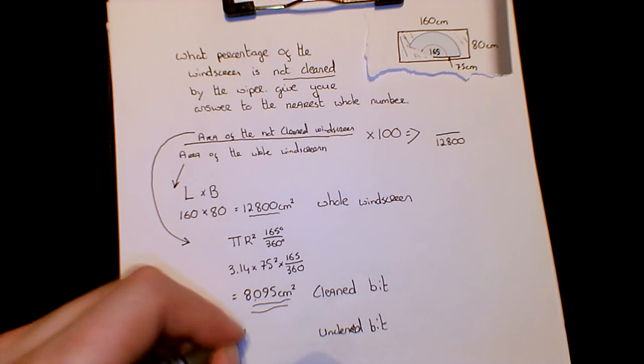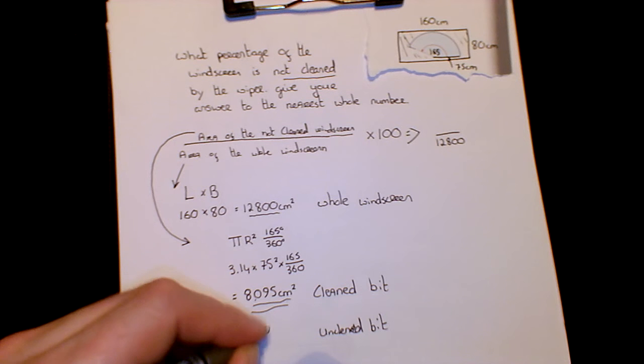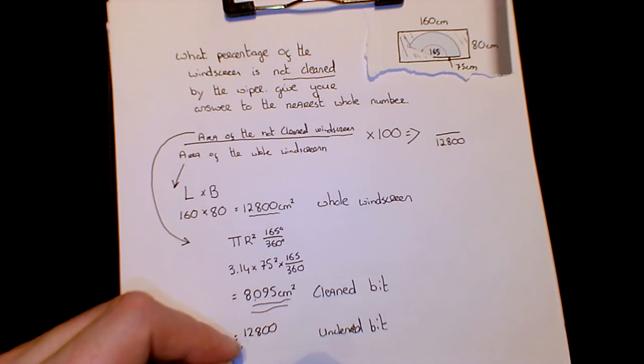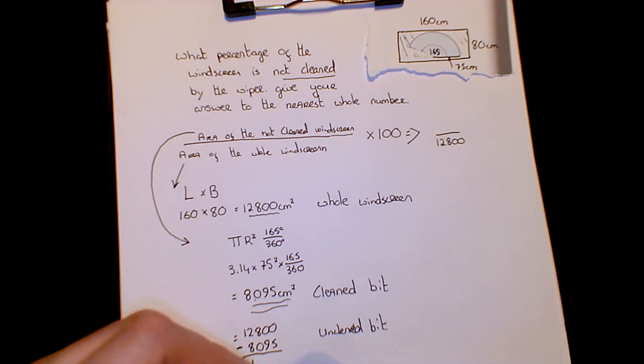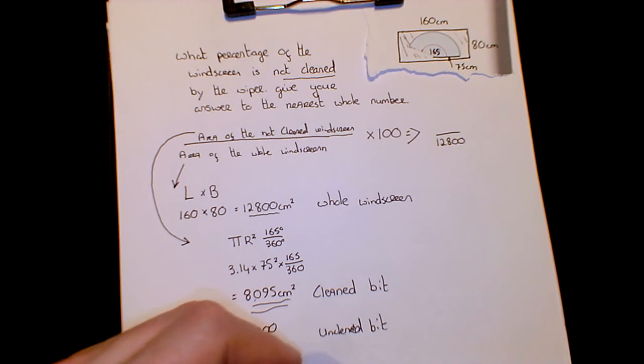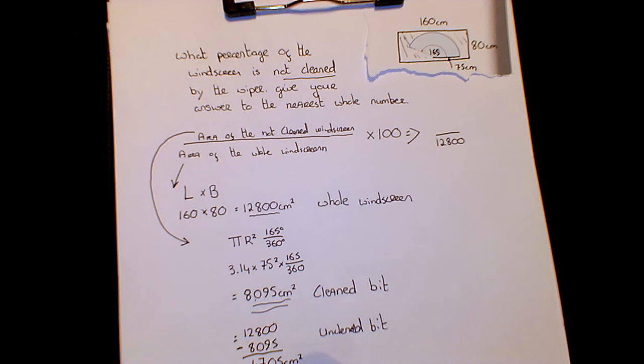Okay, so that is 12800, take away 8095, which will give us 4705 centimeters squared. Okay, so that's the area of the unclean bit.